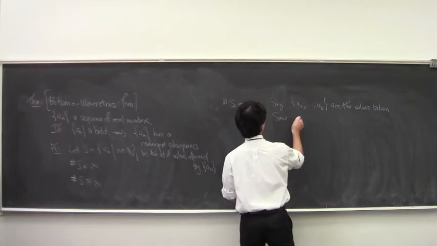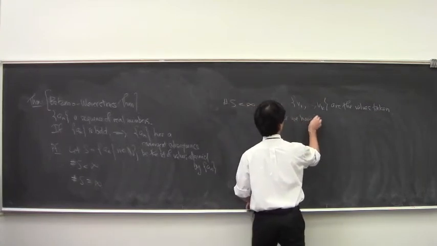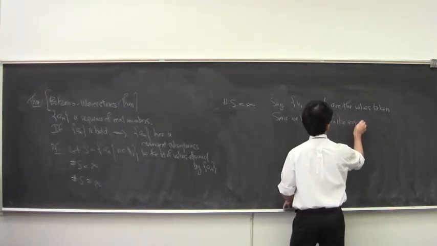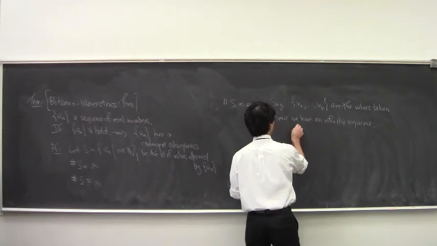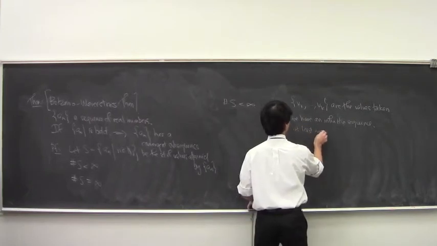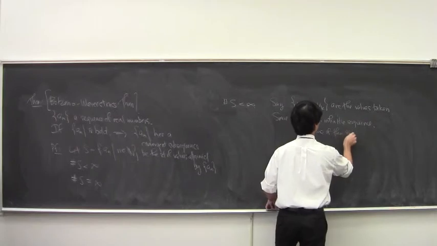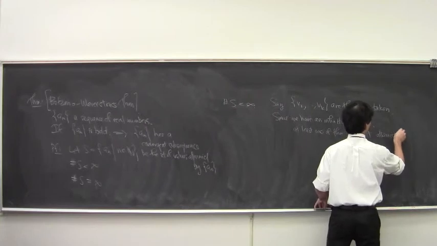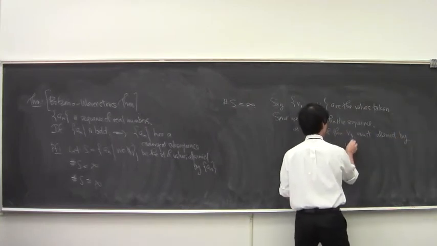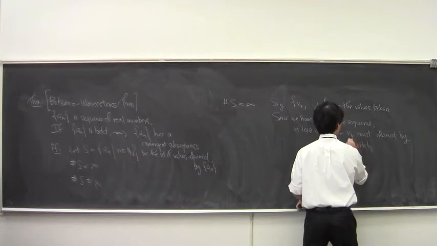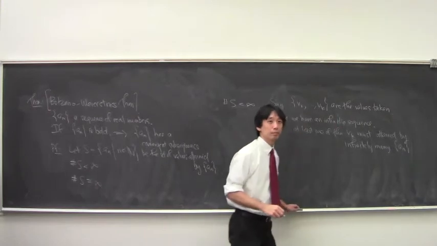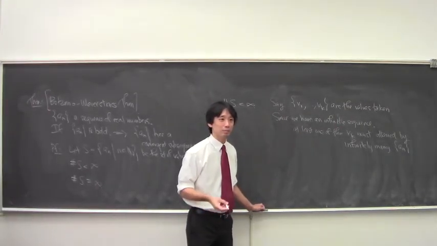Since we have an infinite sequence, at least one of the vk must be attained by infinitely many of the a sub n, right? You can think of it as some sort of pigeonhole principle, right?